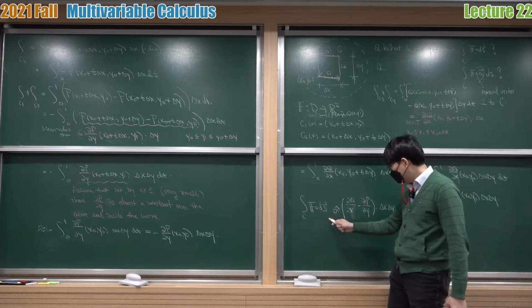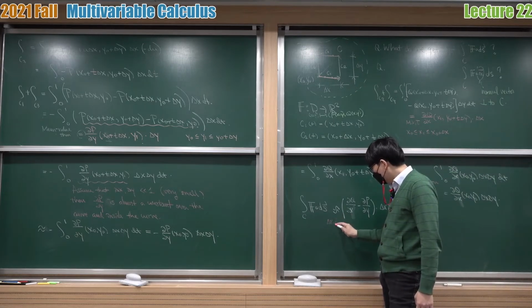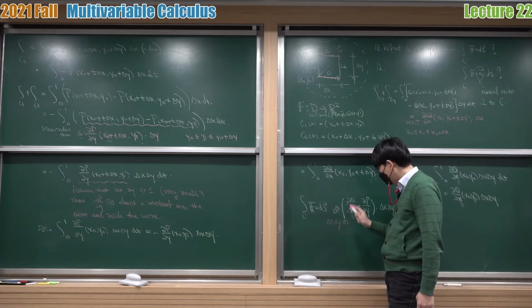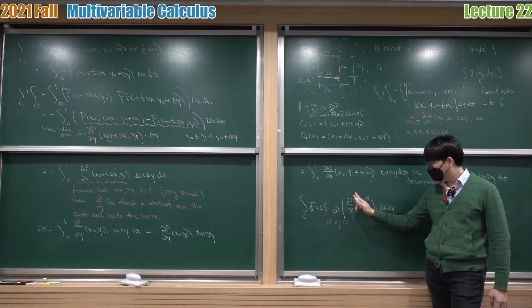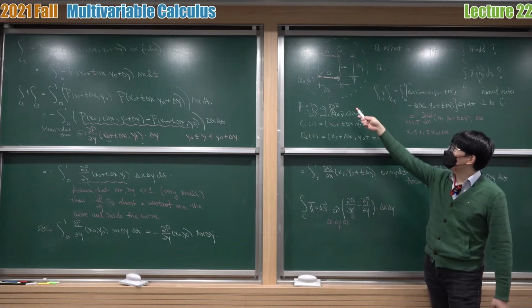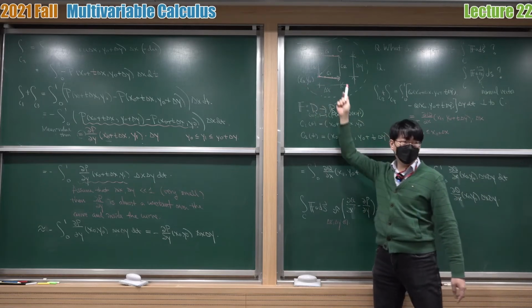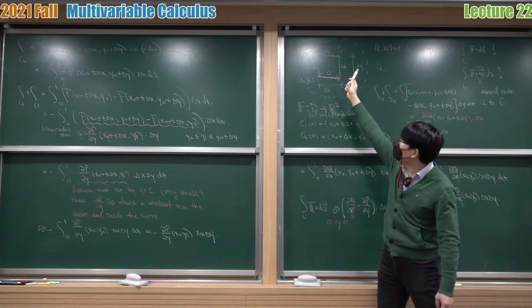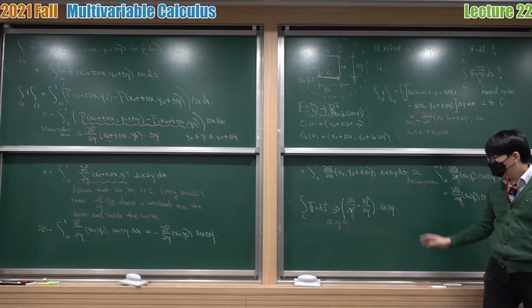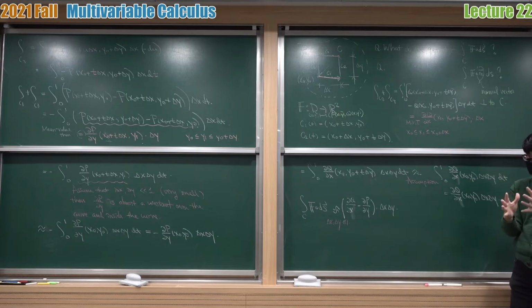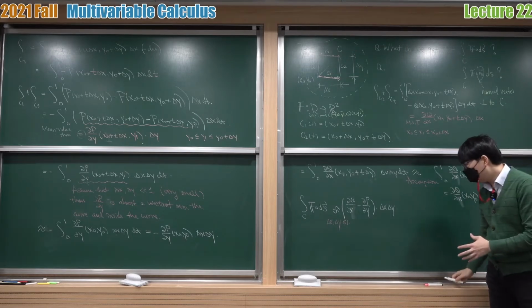So here's an assumption. Δx and Δy are very small, and our partial derivative is approximately evaluated at point x0, y0, which is any one point in this curve C. And that only happens for a very small curve with rectangular shape.